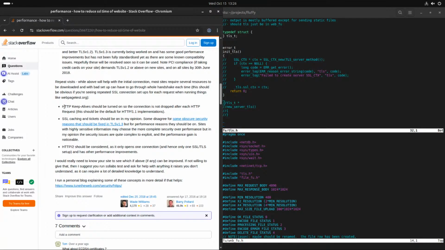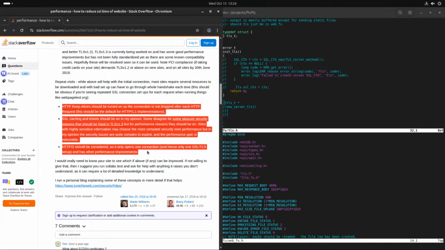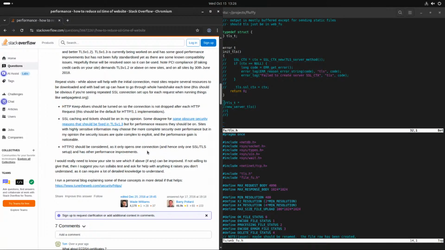And this was what I was thinking, that mainly there would be one connection to my server, and most other stuff. Well, I'm still serving some resources. So, hmm.